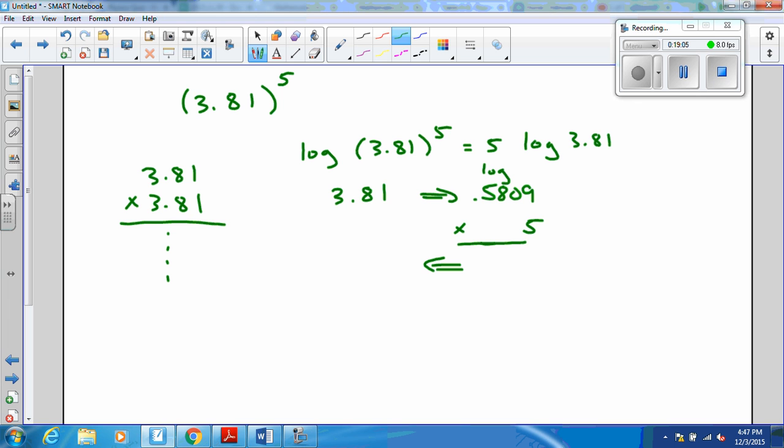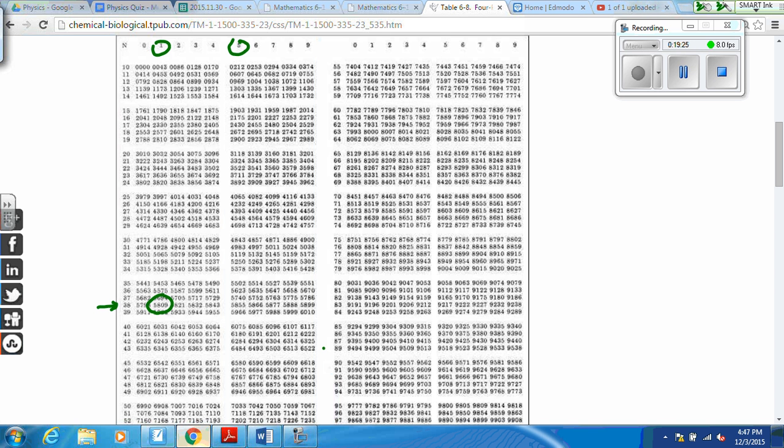And multiplying by 5 is not a terrible hardship. We can certainly do that. That's going to give me 5 carry to 4. That's going to give me 0 carry to 4. 9 carry to 2. And there is the log of my answer. So that my answer is going to be something times 10 to the 2. And if I go back to the log table and find 0.9045, looks like it's going to be between 9042 and 9047.